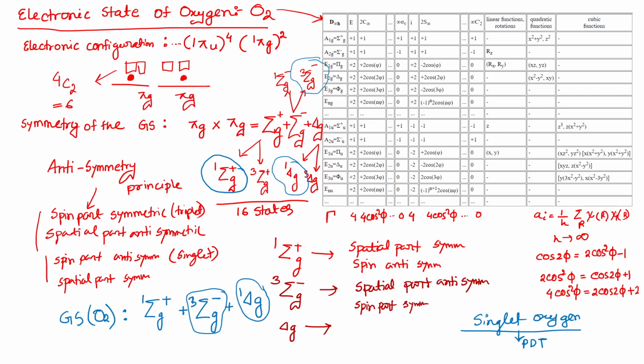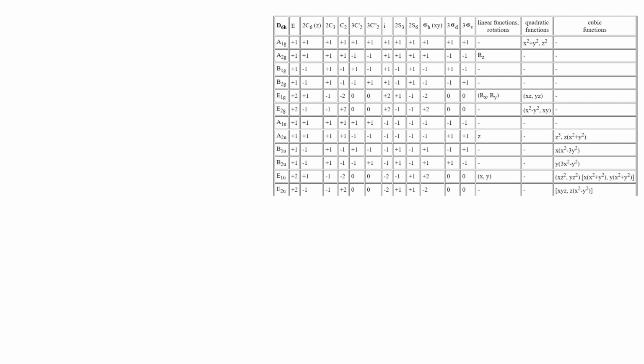Okay. Now as we have discussed this, let us go to the possible electronic states for benzene. Right. So benzene belongs to D6h. Here we will only talk about the pi electrons or p orbitals.